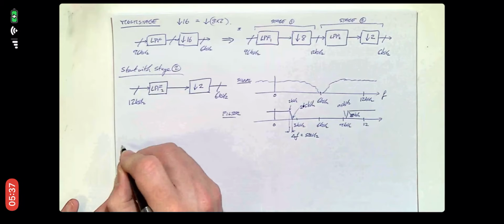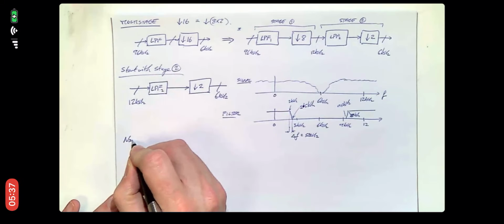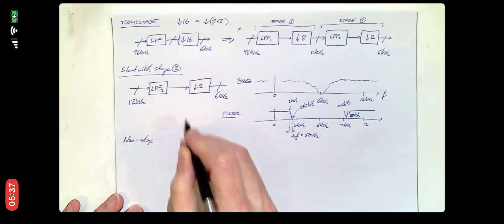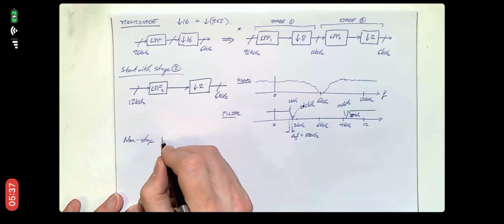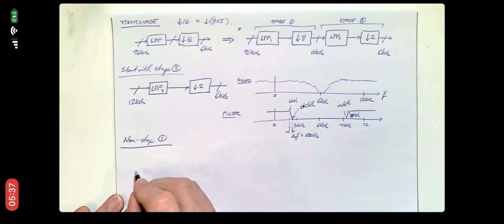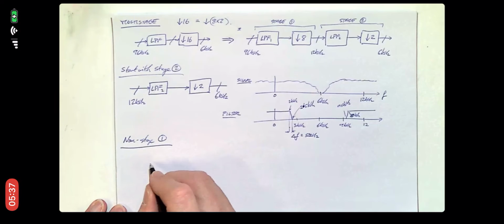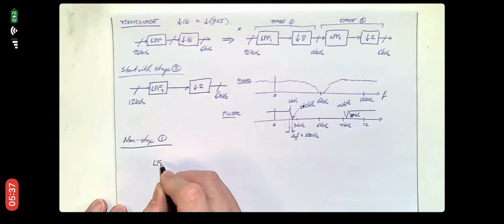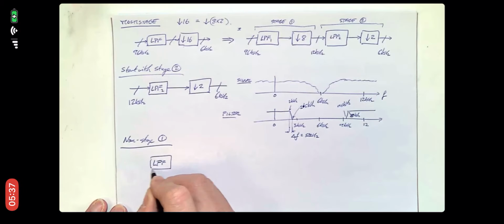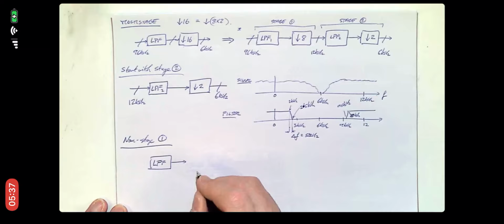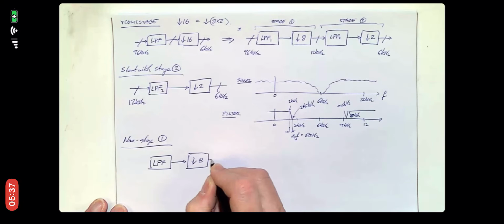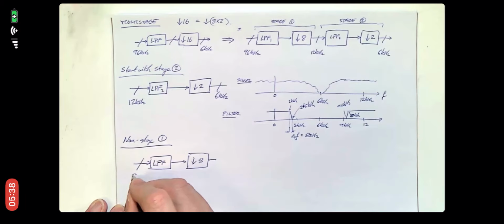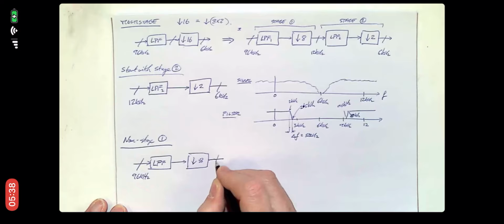But now let's look at stage 2. Well, sorry, we did stage 2. Let's have a look at stage 1. So now we need a low-pass filter here and a decimation by 8 block here. We've got 96 kilohertz coming in. We've got 12 kilohertz going out.